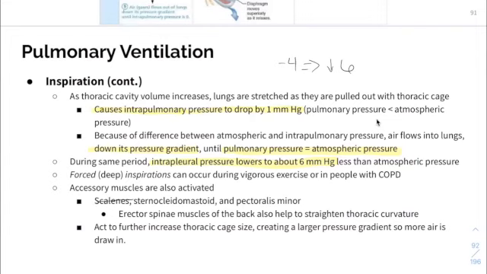Your scalenes, your sternocleidomastoid and your pectoralis minor are all accessory muscles that help you forcefully inhale. If you forcefully inhale enough, you can even activate those erector spinae muscles.